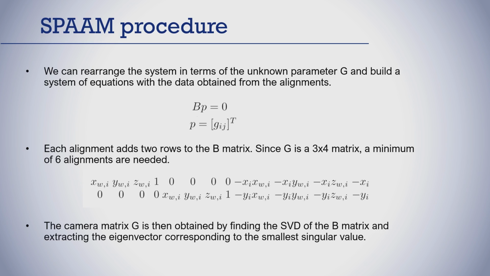Since we add two equations to the system each time, and the G matrix is a 3x4 matrix, we need at least 6 alignments. Once we have this at least 12x12 matrix, we can solve to extract the G matrix from the singular value decomposition of the B matrix.